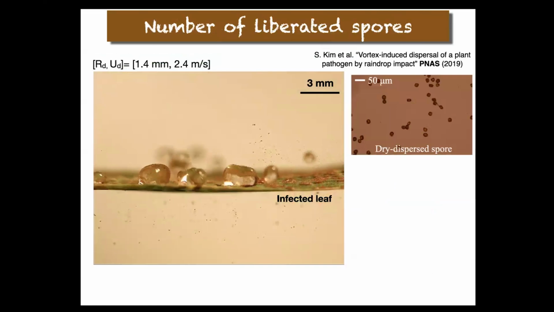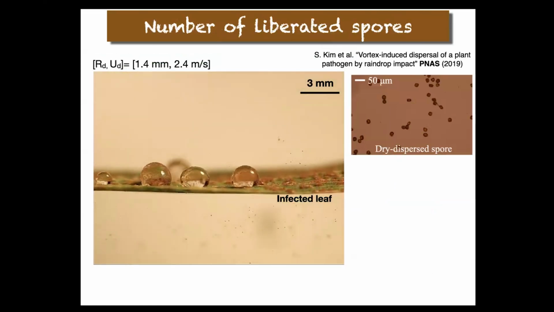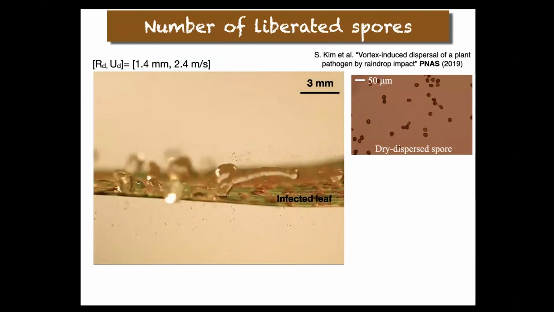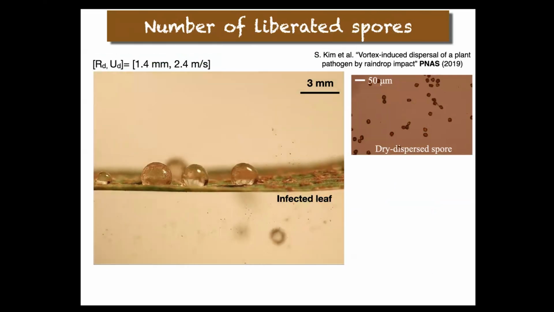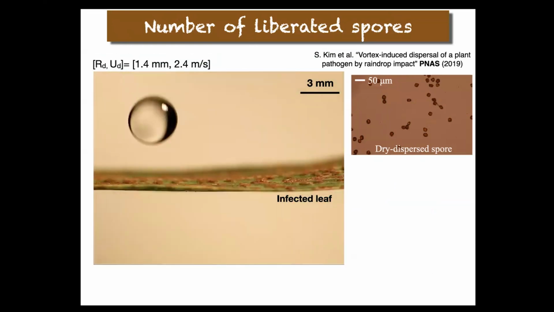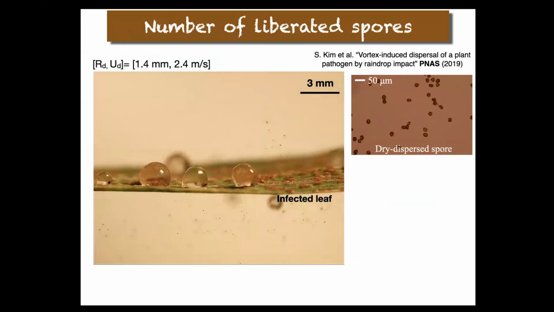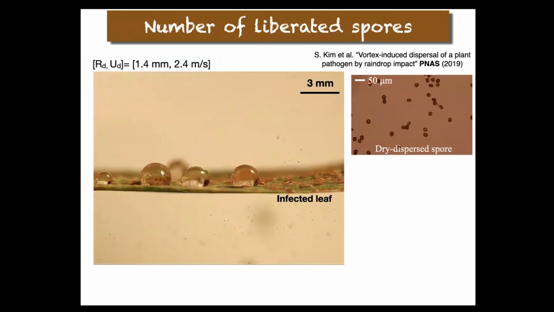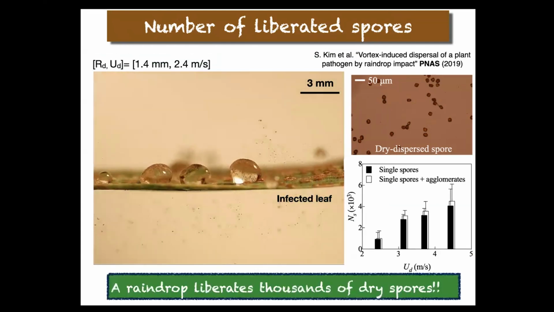This is an experiment we did in collaboration with plant pathologists. They made a lot of the wheat infected, and after raindrop impact, you see a lot of black dust. Those are all the spores. And this is on the bottom of the petri dish. You can see a lot of spores ejected.